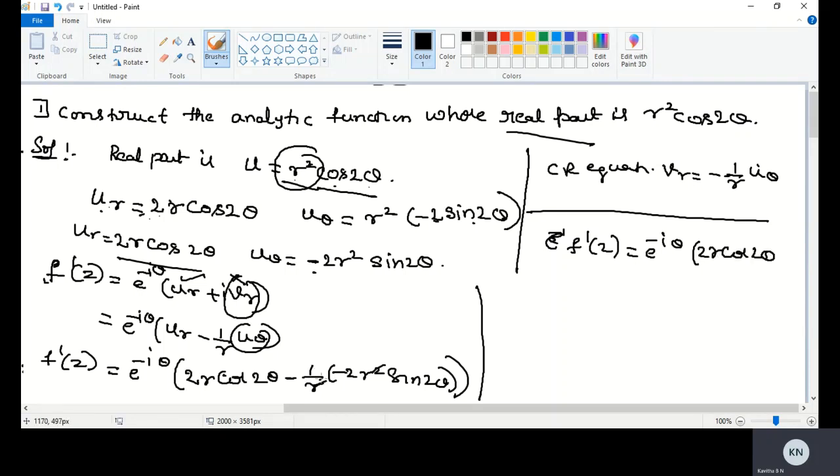One r gets cancelled, r square by r, minus into minus plus 2r sin theta, sin 2 theta. So f dash of z is equal to e to the power of minus i theta times 2r cos 2 theta plus 2r sin 2 theta.